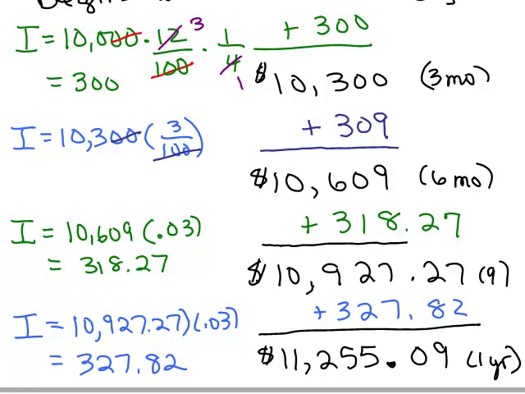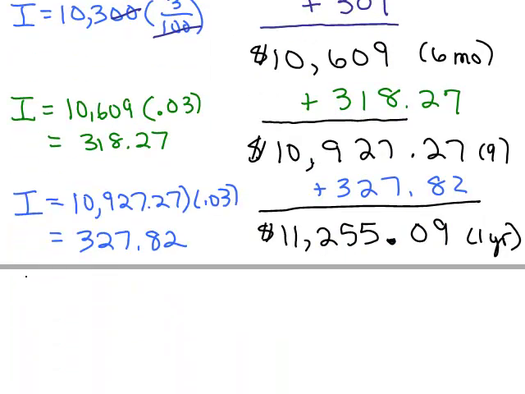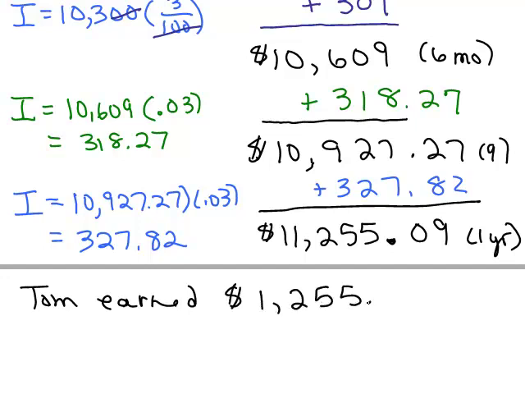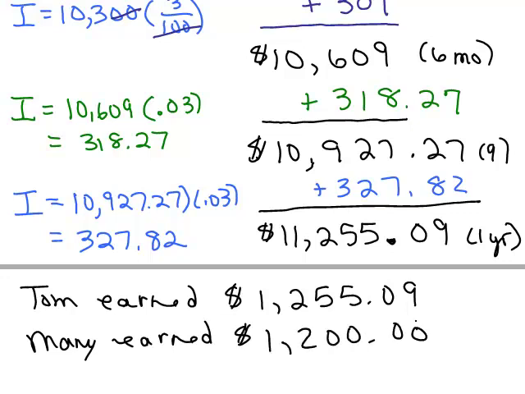So our interest for Tom here, I think his name was Tom, Tom earned $1,255, whereas Mary earned $1,200, if you remember. All right, so by compounding more often, just 4 times a year, instead of just once at the end of the first year, Tom earned $55.09 more in interest.